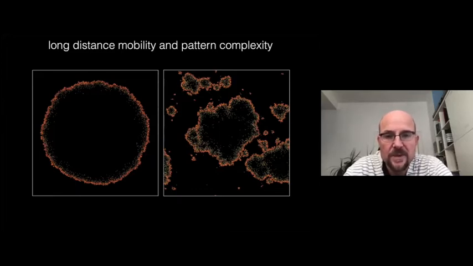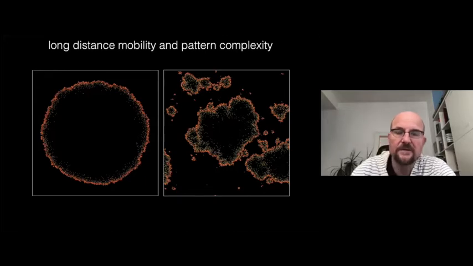So just by this tiny little dynamic ingredient that there's long-range mobility, the pattern becomes spatially more incoherent, and therefore much more difficult to predict just by empirical methods. And that's a loss of predictability in disease dynamics in a sense.